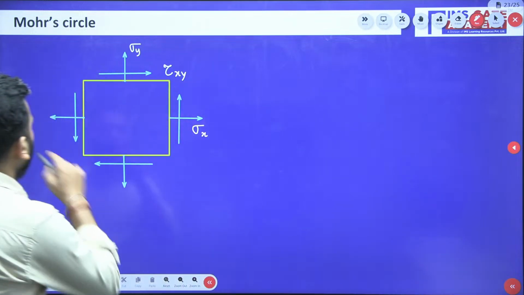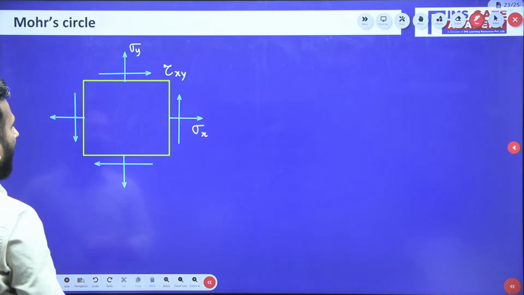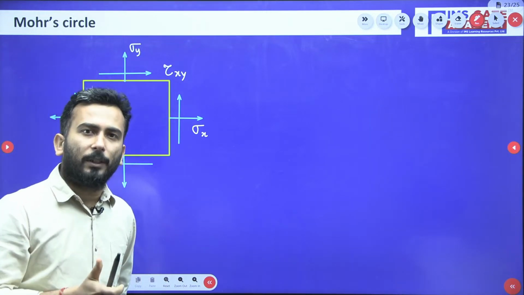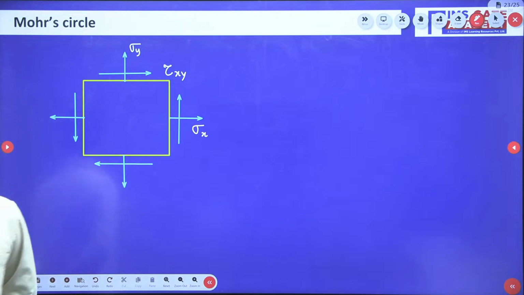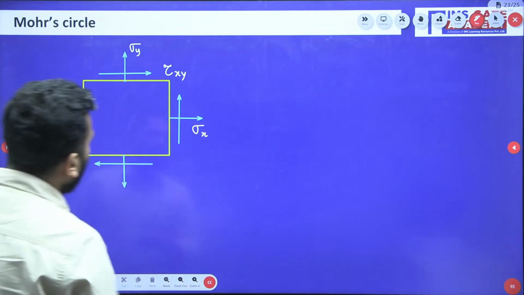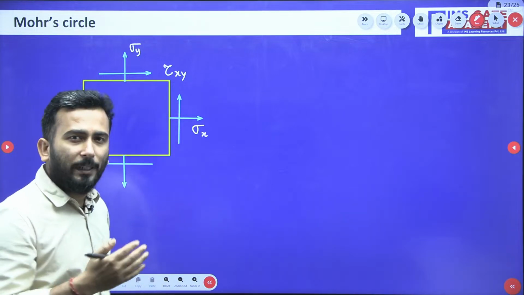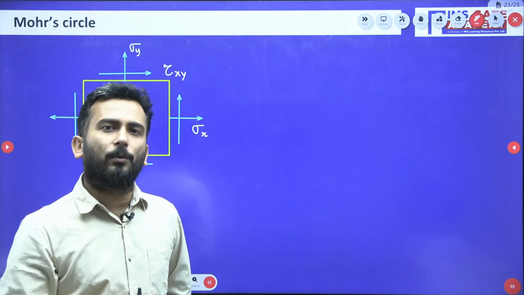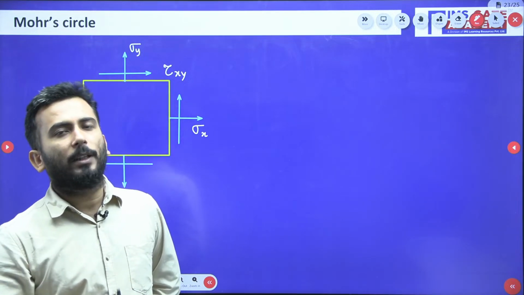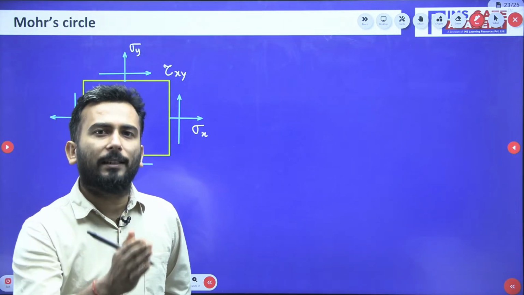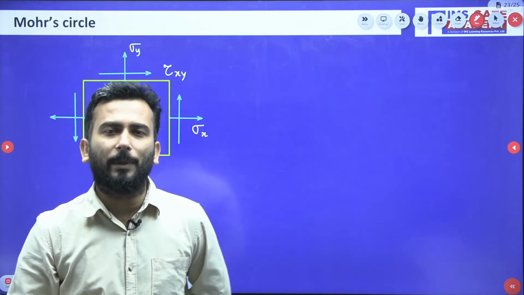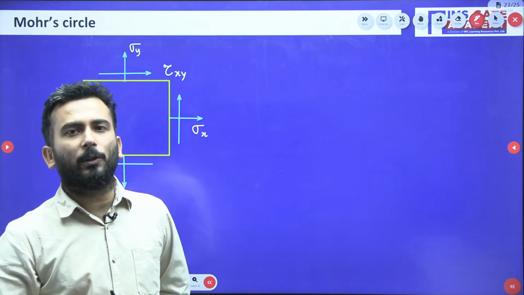Now what is the thing? The thing is that at different orientations we have to find the value of the stresses. By orientation, I mean on different planes we are checking what is the value of normal stress and what is the value of shear stress. What is the value of normal stress at a plane which is 60 degrees with respect to anything it can be, but now we will fix our reference also.